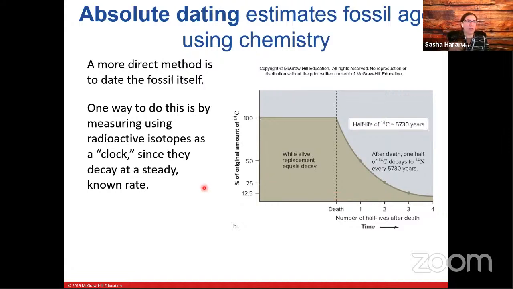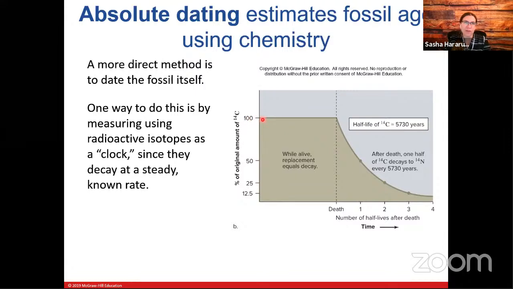Okay, so imagine you have a living organism, and the y-axis here is the relative content of the carbon 14 in the living organism. You have a fish that swims around and it has a relative amount of carbon-14 of 100%.